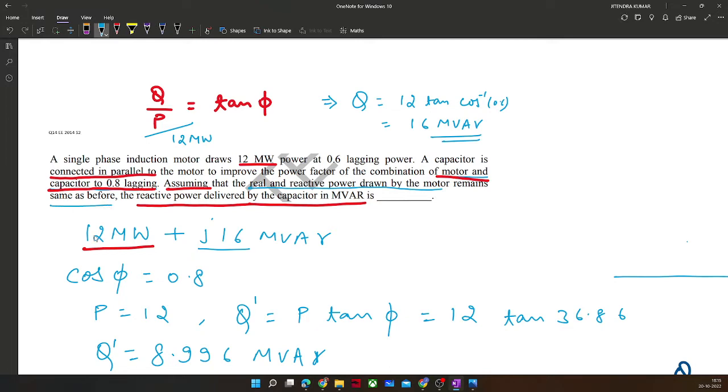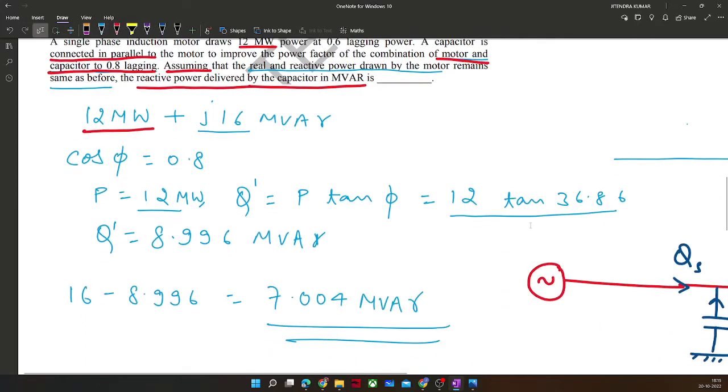So it will remain same as before, but how much would be supplied from the capacitor? So 12 megawatt is the earlier power, that will be same. And now to maintain this 0.8 lagging power factor, how much reactive power would be drawn from the source? So that will follow the same formula, and it will come out to be 12 into tan 36.86, and that will give us the 8.996 MVAR.